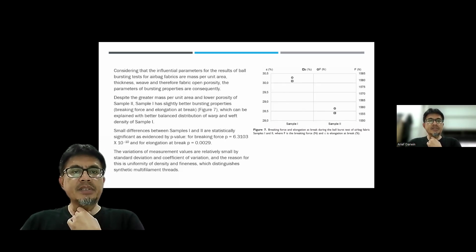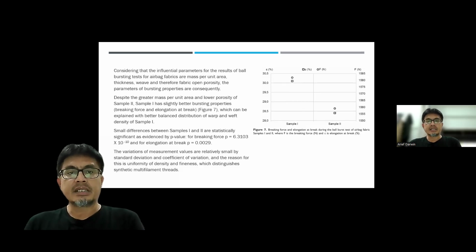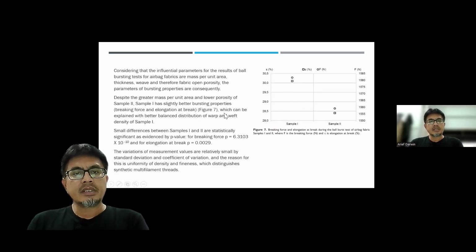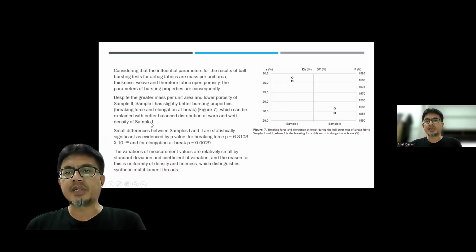Despite the greater mass per unit area and lower porosity of sample 2, sample 1 has slightly better bursting properties, which is the breaking force and elongation at break, as we can see in the chart on the right side. This can be explained with the better balanced distribution of warp and weft density of sample 1.